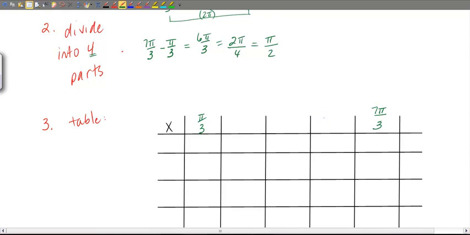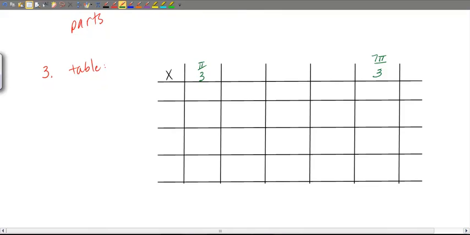We can use our calculator to do this quickly. This is pi over 3 plus pi over 2, and when we add those two numbers together, you get 5 pi over 6.